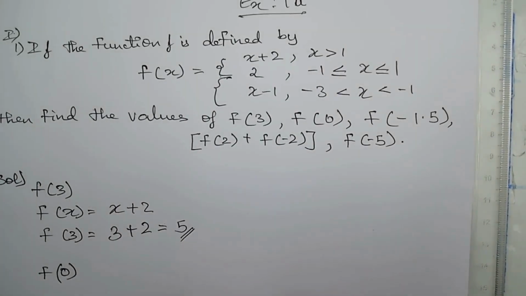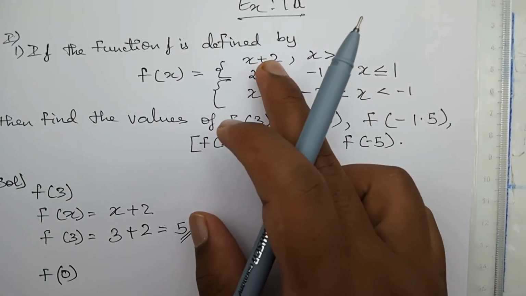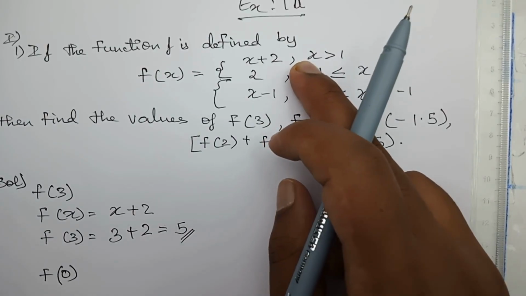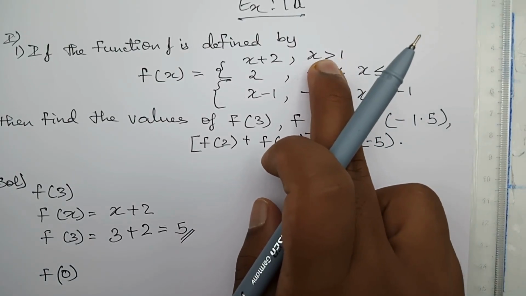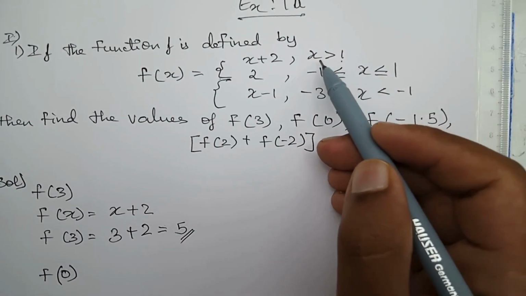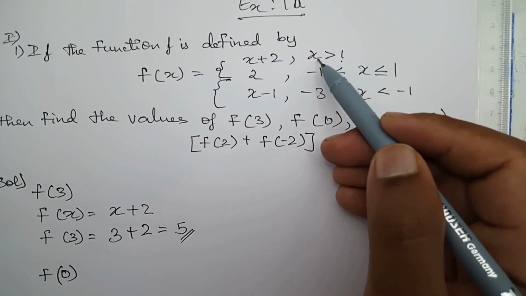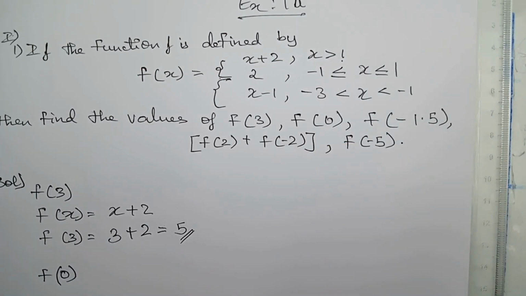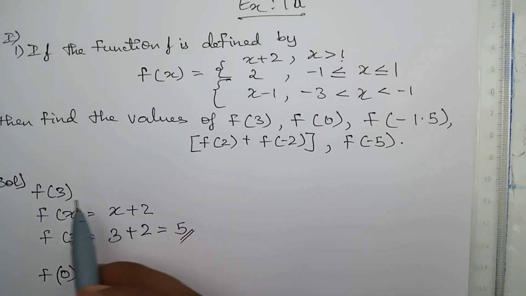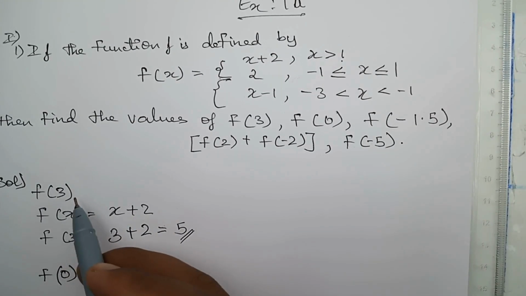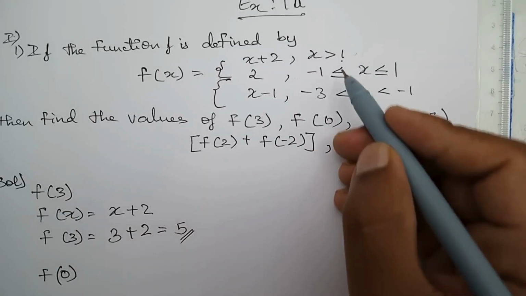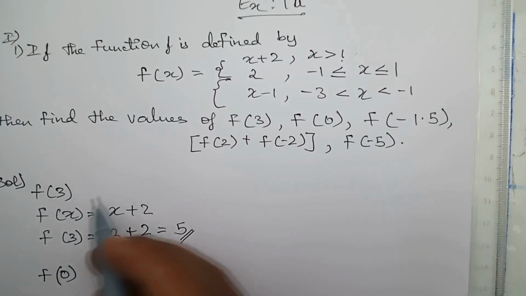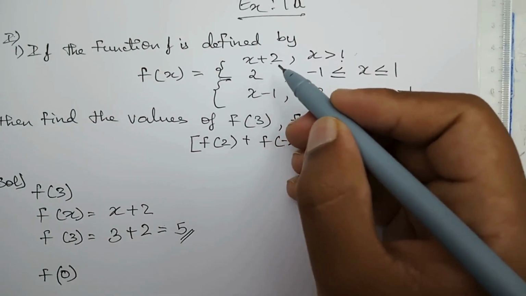See, x plus 2, x greater than 1. 1 is smaller than x means x can be 2, 3, 4, 5, 6, 7 and so on till infinity. So for this f of 3, this condition is applied as this 3 is greater than 1. That's why we have applied this one.